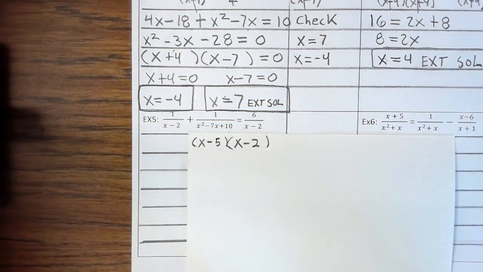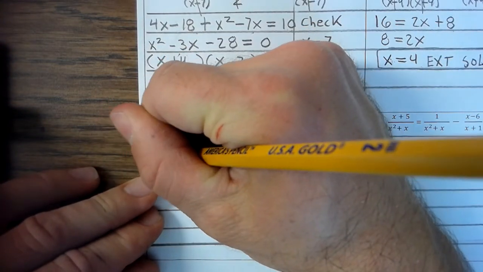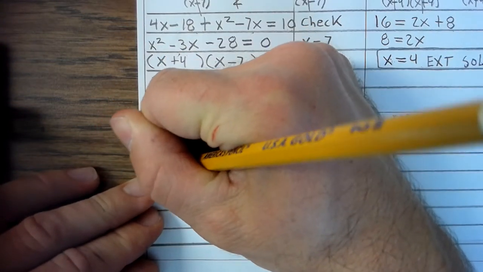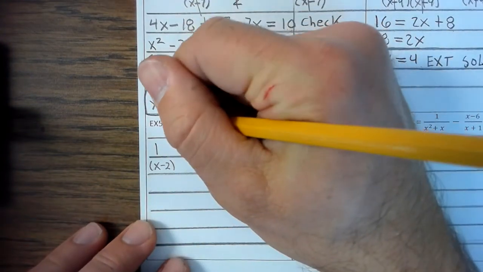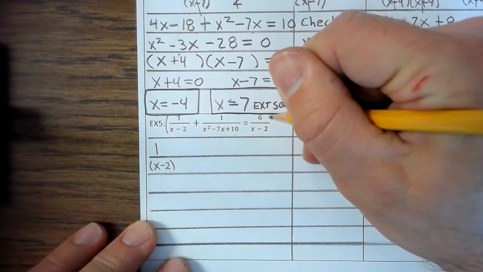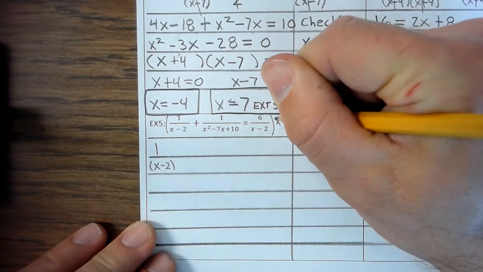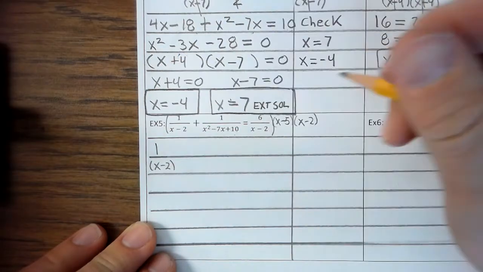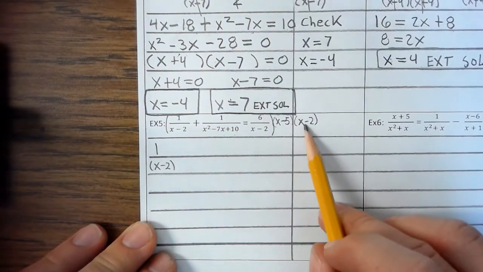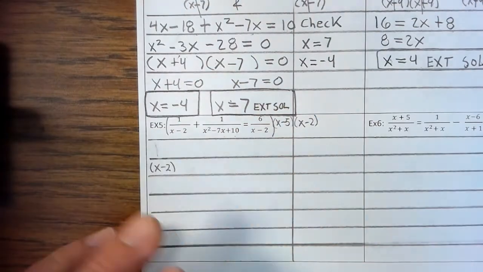So we probably want to rewrite this as 1 divided by x minus 2. Now, we need to multiply everything by the common denominator, which is x minus 5, x minus 2. So that's times, and we can actually put that on the numerator and rewrite it as x minus 2 times x minus 5.